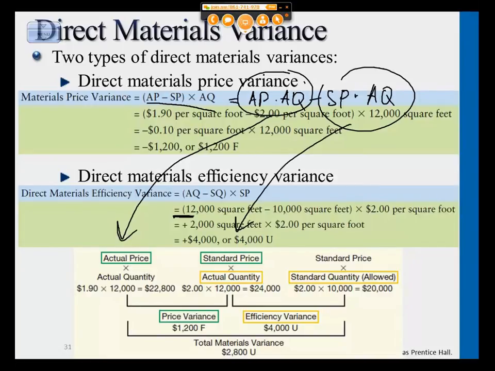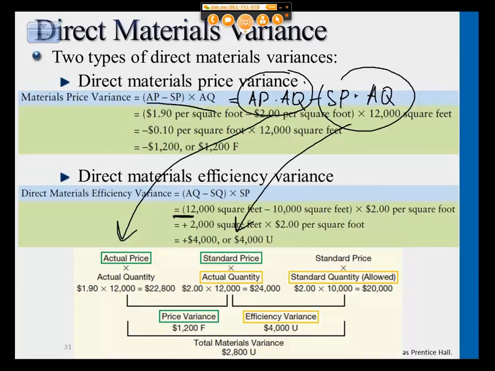So how do I calculate? Now we know how we calculate price variance. We know how we calculate efficiency variance. How do I calculate total materials variance? Which one from which one? So I take my price variance and efficiency variance? Or do I take maybe my standard price, standard quantity, and actual price, actual quantity?